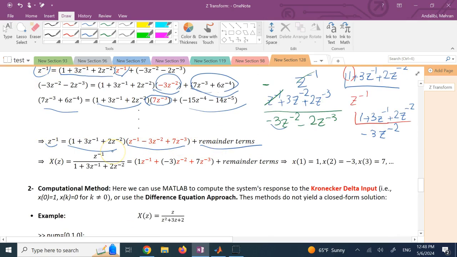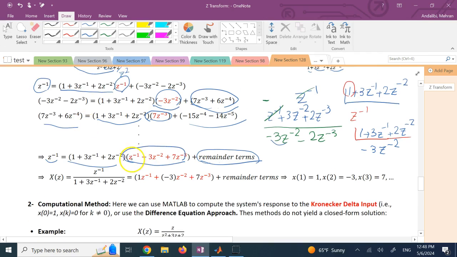And clearly, if you here for the moment just neglect these remaining terms, the result of this division is just going to be this quotient term. And clearly this quotient term is written in terms of powers of z negative 1. So remember, the term that is multiplied by z negative 1, what is it? That's x of 1.